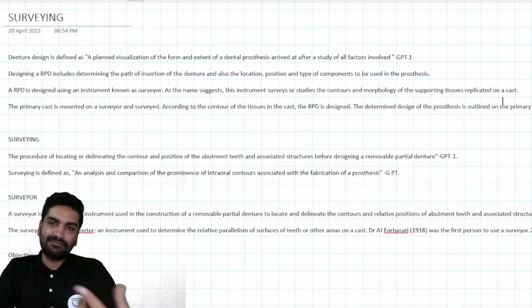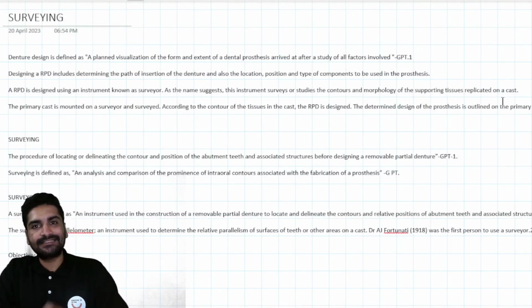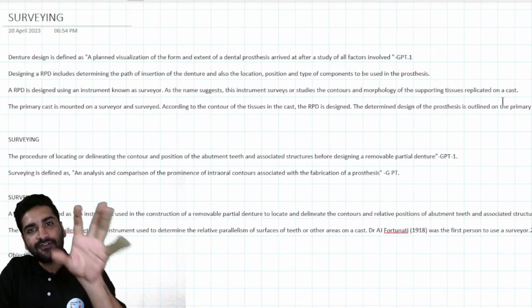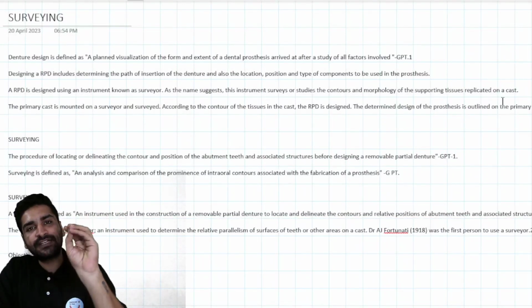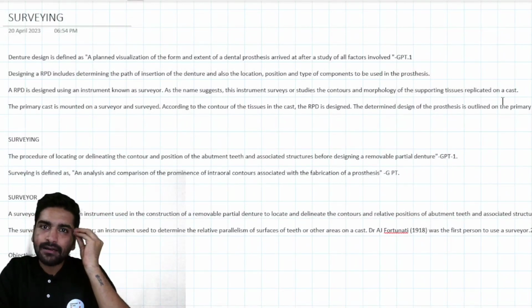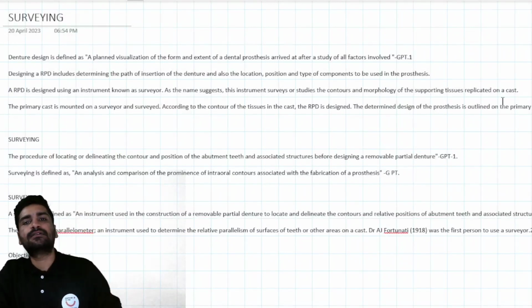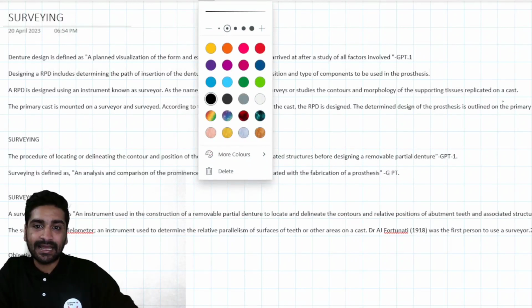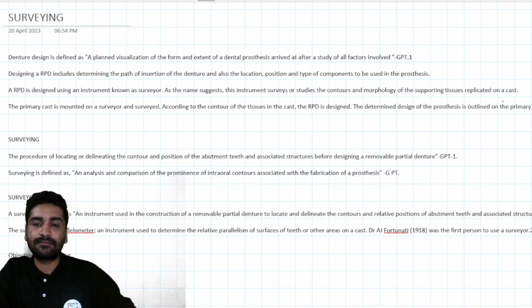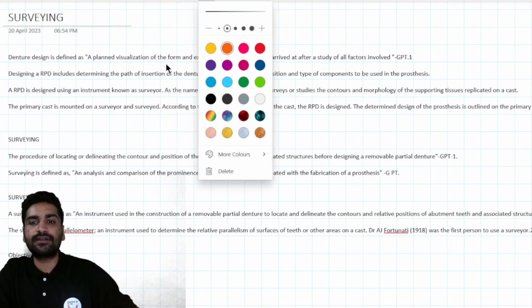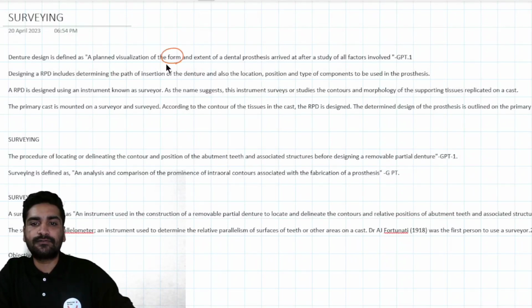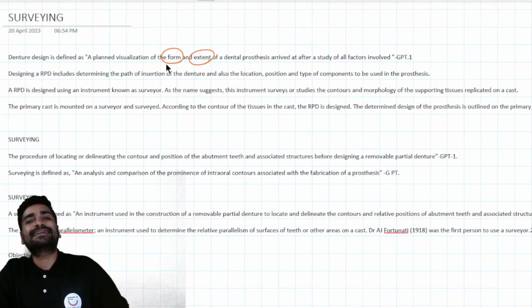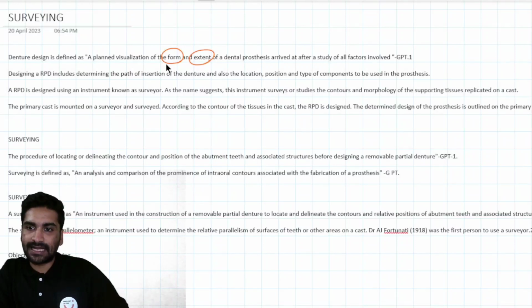So what do you mean by denture design? It is a planned visualization of the form and extent of the dental prosthesis. So two things you are doing: first the form, second the extent of your dental prosthesis, arrived at after a study of all the factors involved.